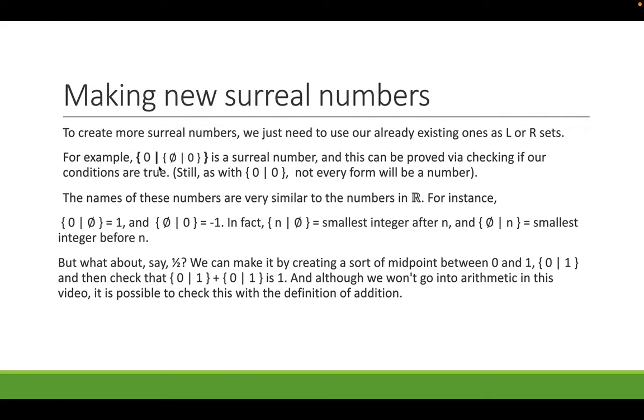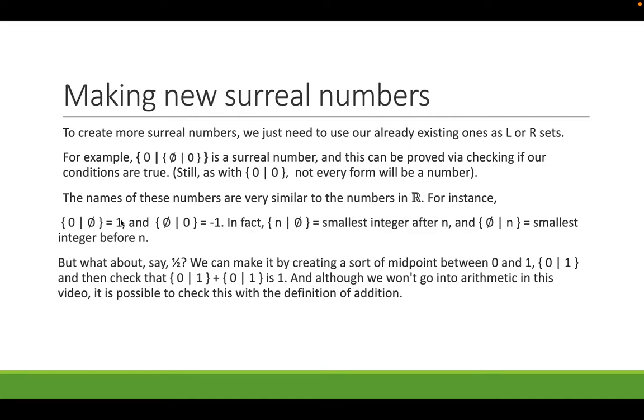We'd have 0 and a bar 1. And you can check if your condition is true, and you'll get that this would be a surreal number. Not this, because this one has a typo, but still, not every form will be a number.